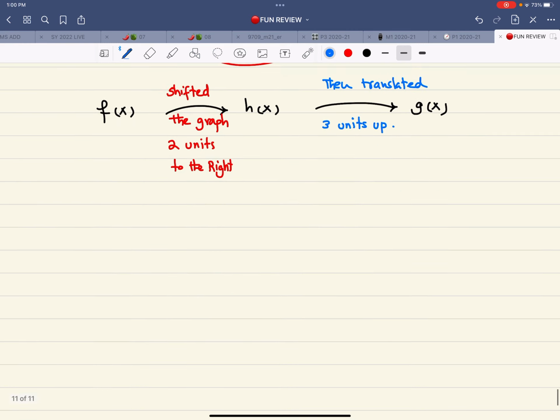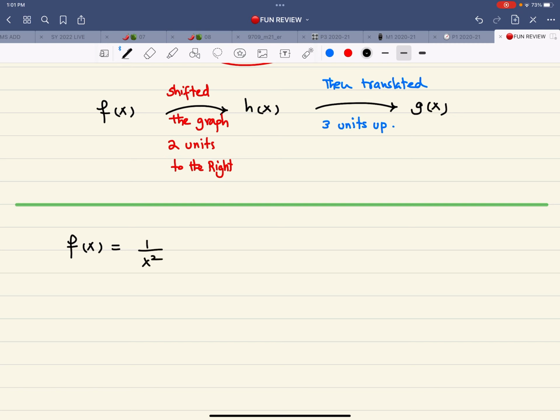Let me make more questions on this. Let me draw a line first. And now if I have f(x) equals 1 over x squared and g(x) equals minus 1 over (x plus 3) whole squared plus 4.